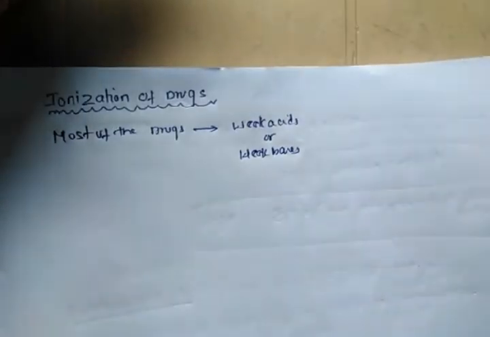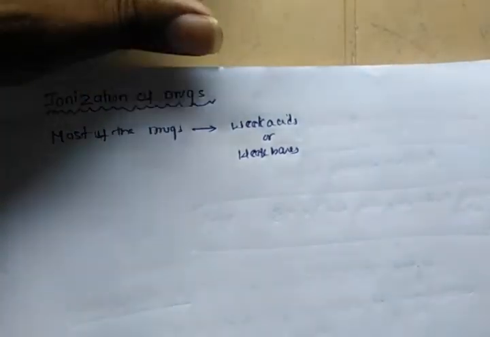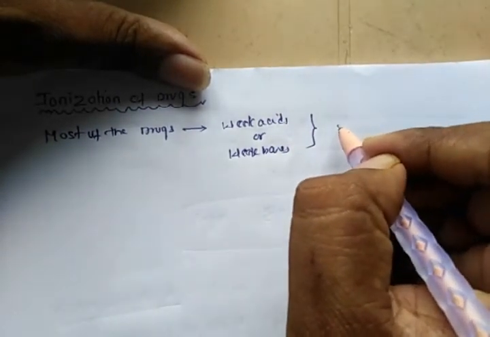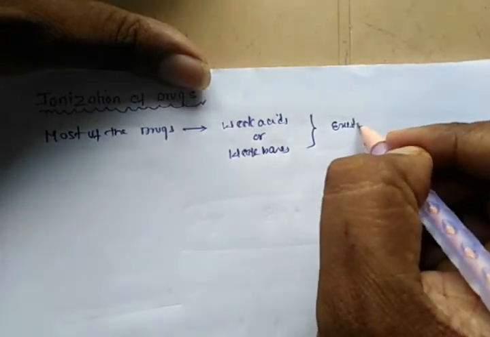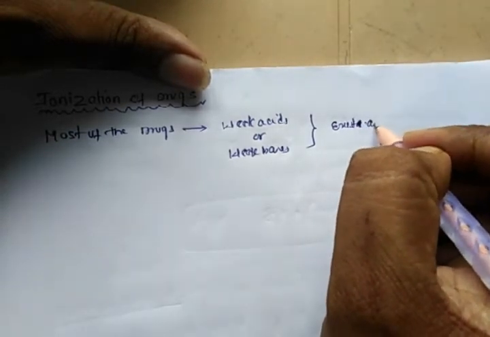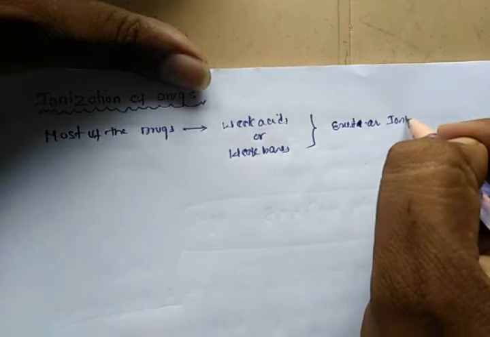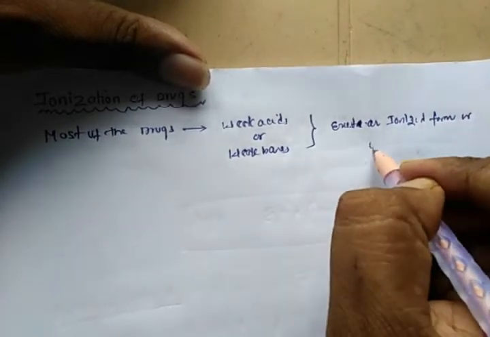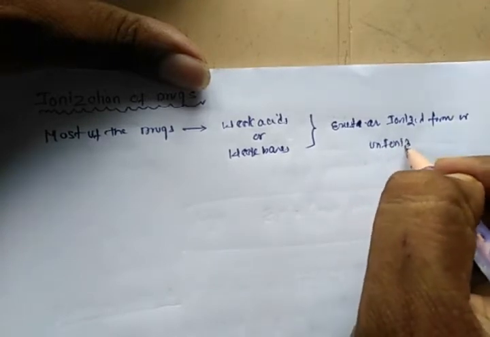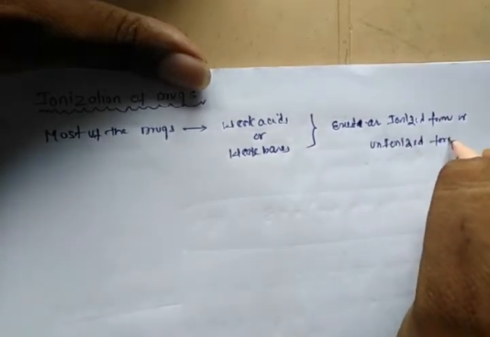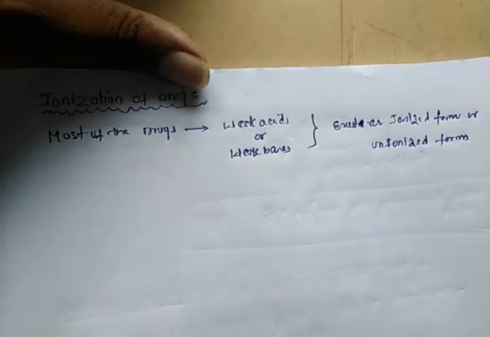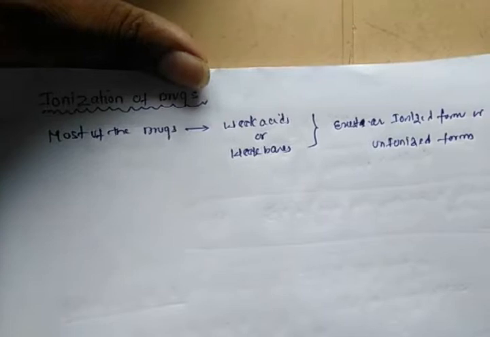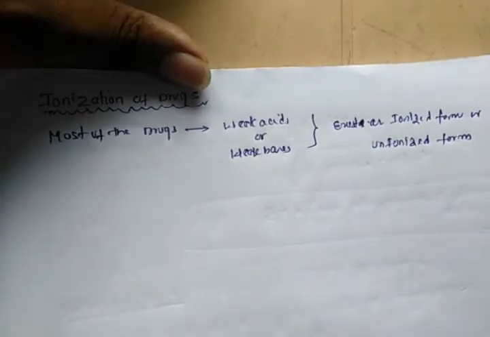Generally these weak acids and weak bases exist as ionized form or unionized form. As these are weak acids or weak bases, they undergo protonation or deprotonation to give charged molecules.